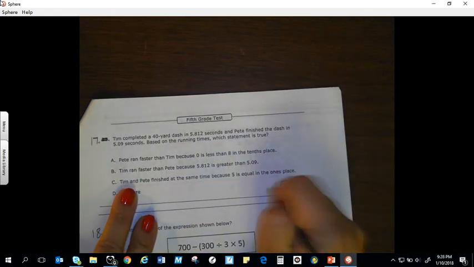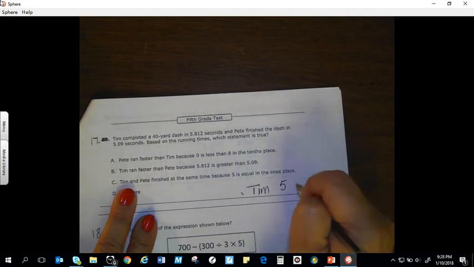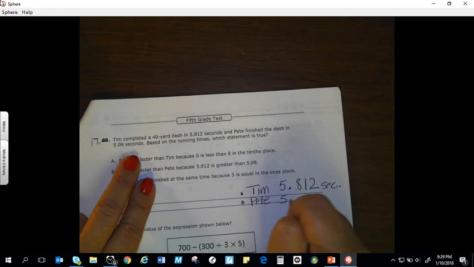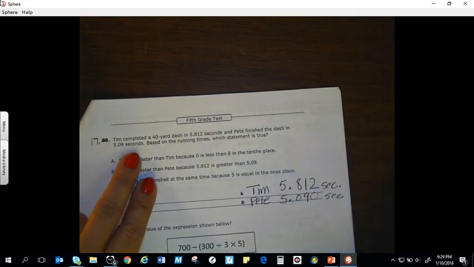So I'm going to have Tim, 5 and 812 thousandths seconds. And then I have Pete at 5 and 900 thousandths seconds. And I'm going to put an invisible 0 to hold my place.